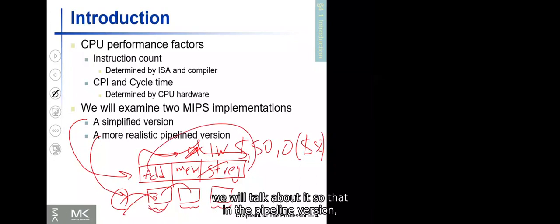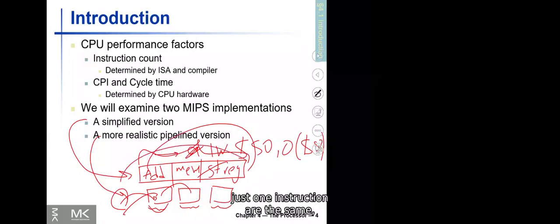So in the pipeline version, we break up the execution into stages, and the instruction goes through each stage. Again, if you think of the execution time of just one instruction, they are the same. Or even the first one is better because there would be some overhead in passing to the next stage.